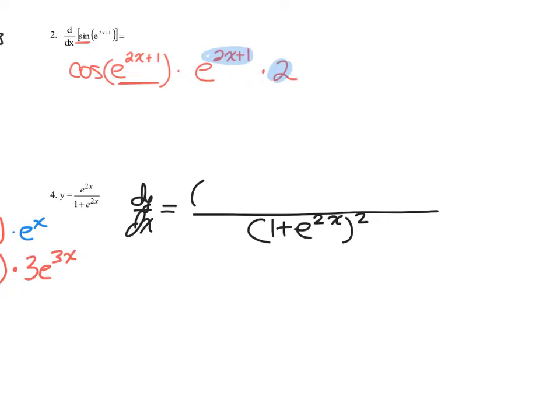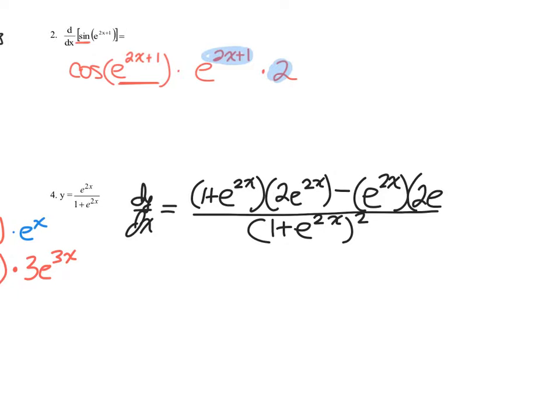So low D high, e to the 2x times 2, so 2e to the 2x, minus the high, e to the 2x, d low. All right, so d low would be, well, the 1's going away, right? So it would really just be the same as the derivative of the top, but you can find the derivative in and of itself anyway. So that would be 2e to the 2x.